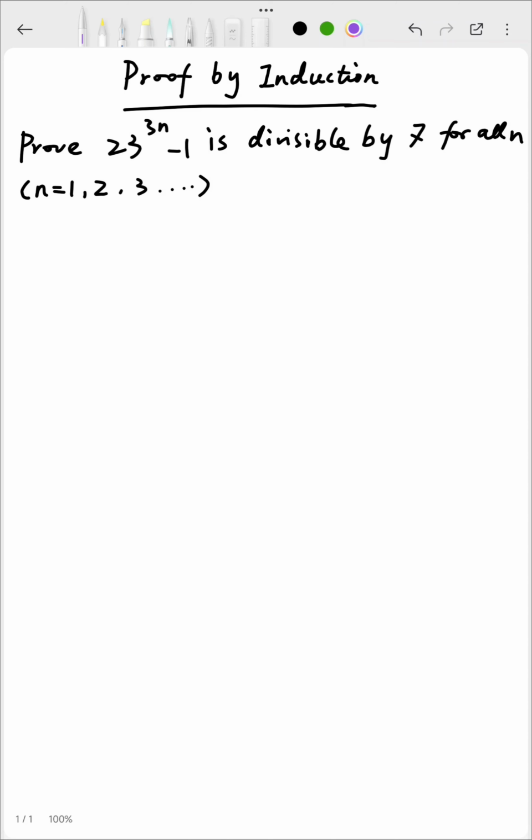The logic of induction has 3 steps. The first step is to prove the statement is true when n is the smallest positive integer, that is, when n equals 1. The second step is we assume the statement holds when n equals any arbitrary positive integer k.